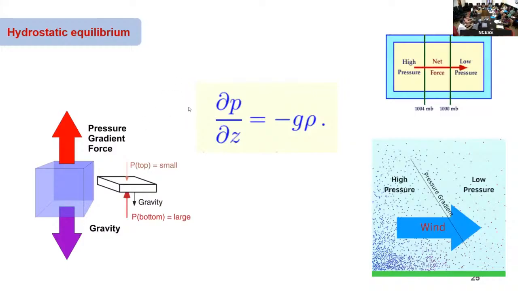The figures on the right side are not related to this, but they show how this force is acting. Like from high pressure to low pressure, the net force will be towards that. As I first said, this force is directed upward. If this is a region with high pressure on this side and low on the other, obviously wind will flow from high to low pressure area.